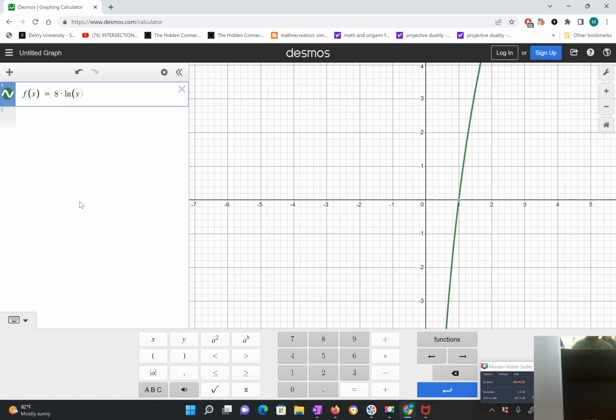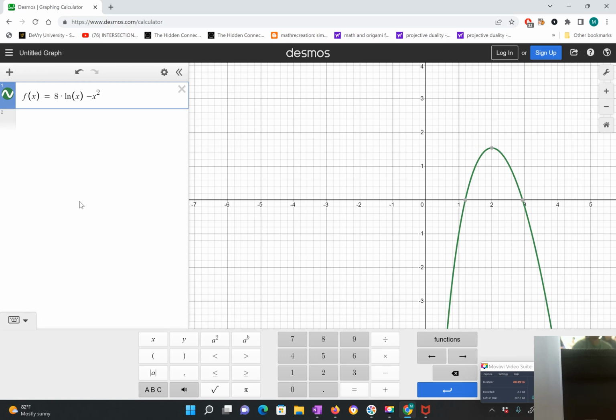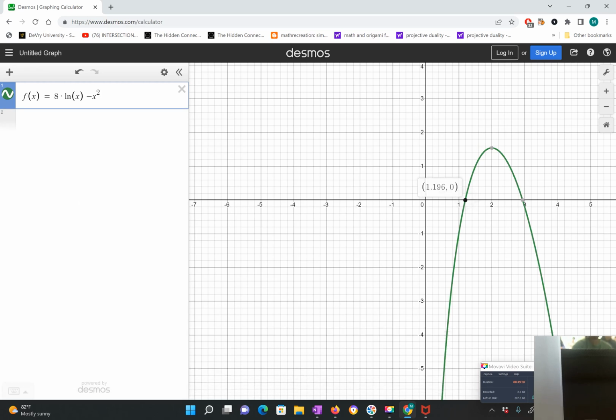So if you use Desmos, I hope you made note of what I just did. Minus x raised to the second. That's what that looks like. That's your original f of x.